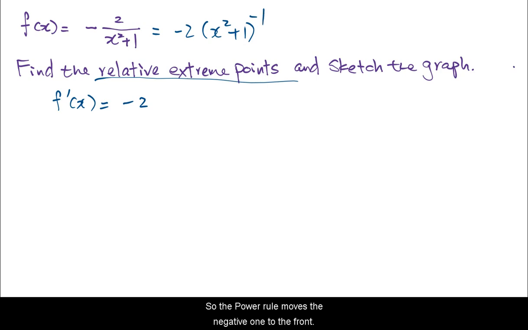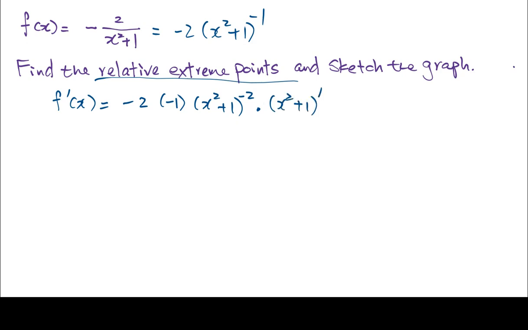Using the power rule, move the negative 1 to the front, then you have x squared plus 1 to the negative 2, times the derivative of x squared plus 1.